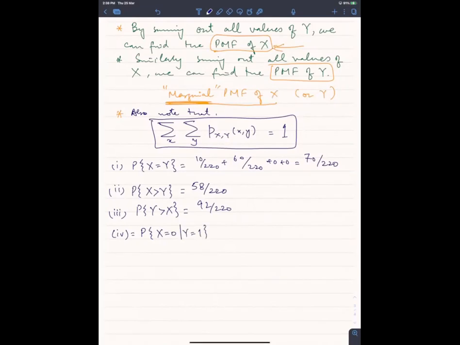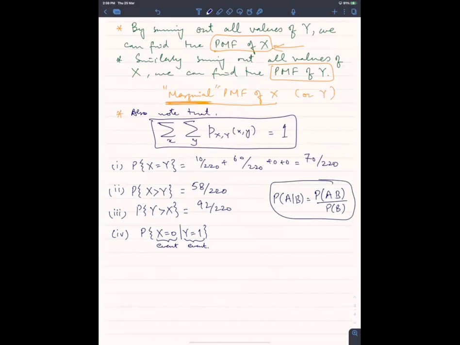Don't forget that x is equal to 0 is an event, and y is equal to 1 is also an event. We already know how to find the probability of A given B, where A and B are events. How do you find the probability A given B? Everyone knows that this would be probability of A and B together divided by the probability of B.